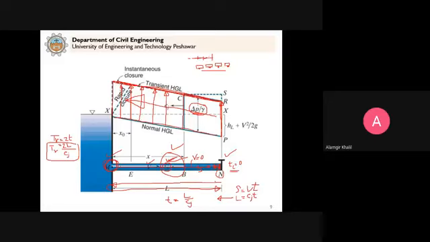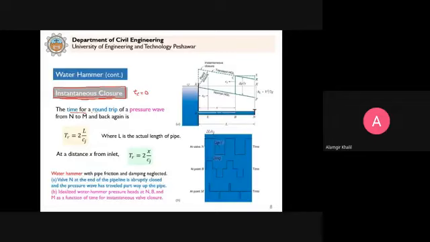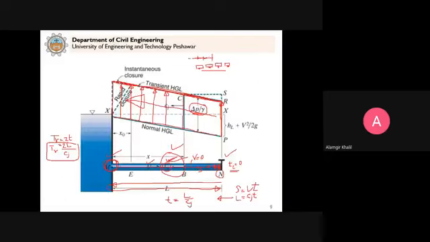Now, the time for a round trip of a pressure wave from N, which is at the valve, to M, the inlet point or the reservoir, and then back again, is TR equal to 2L by Cj, where L is the length of the pipe. Clear? The round trip is 2L by Cj.